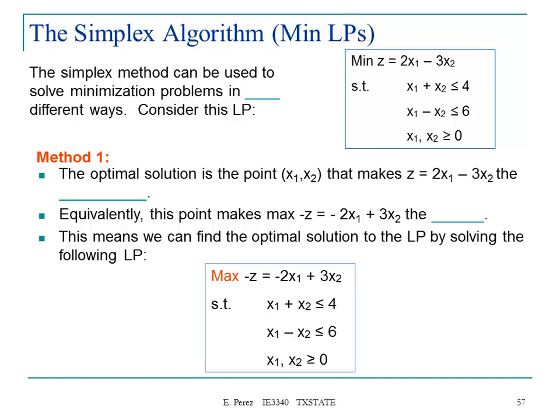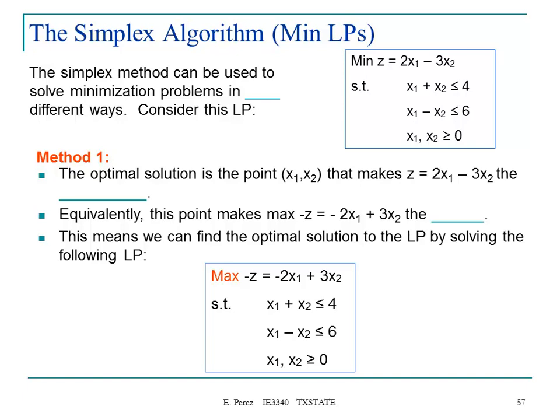What we have for today is just the Simplex algorithm, but this time I just want you to understand the difference when you're working with a minimization problem. So far we have discussed the Simplex algorithm for the maximization type of problem. Today we're going to discuss the case for the minimization.